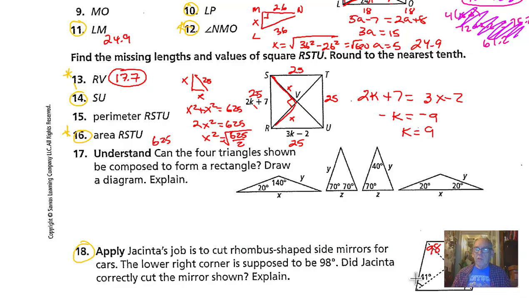Now, altogether, these need to add to 360, and these have to be congruent. So 98 and 98 is 196. And altogether, these have to be 360. So 360 take away 196 is 164, I believe. Yeah, 164.